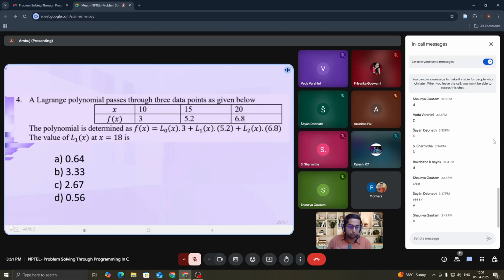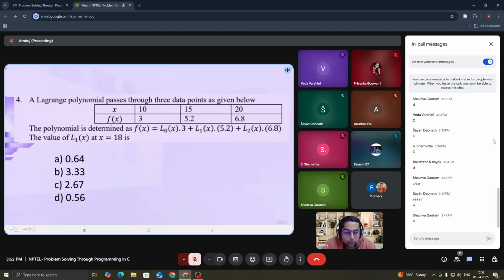Sure is getting B. Good. Cyan is getting A, Shore is getting B, and nobody else is getting anything.